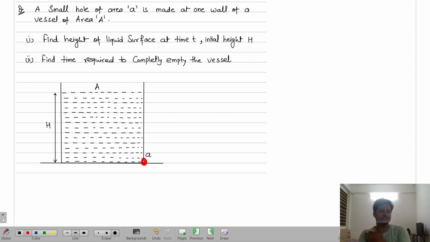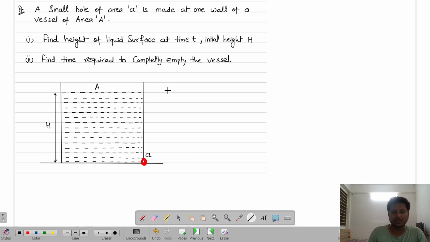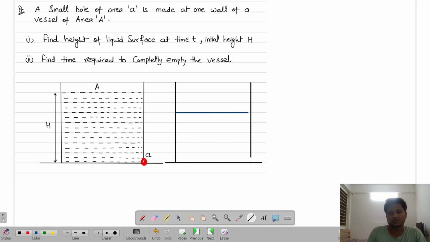So find the height with respect to time, means you know that the water level will start decreasing. We will see that the liquid level has dropped. So this is the surface now.